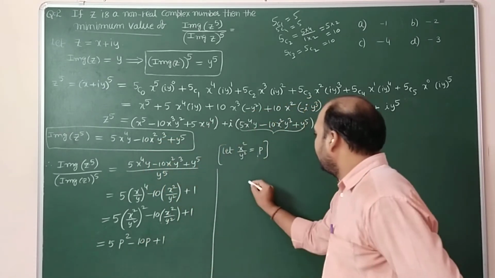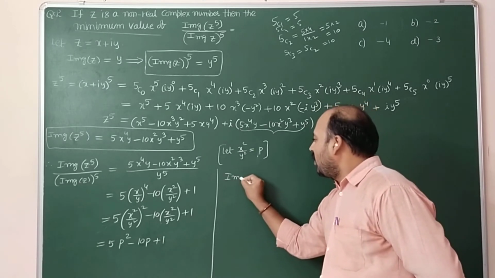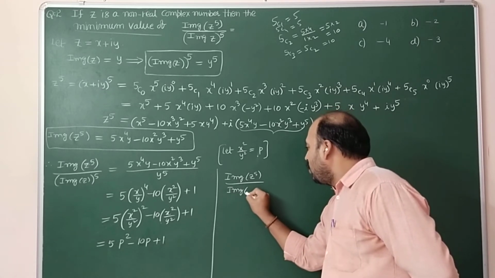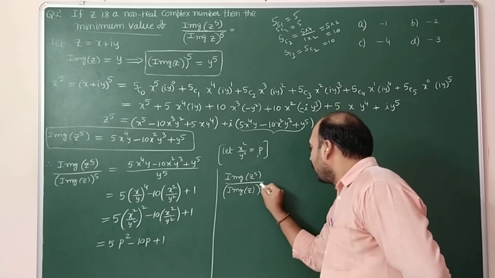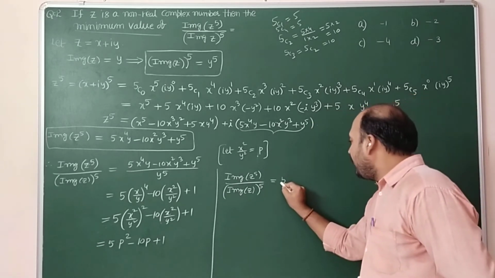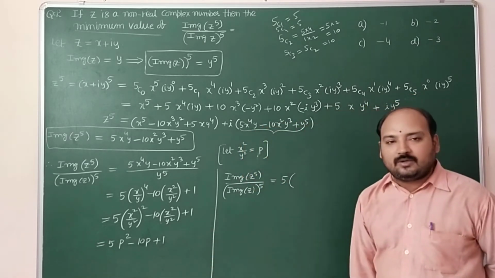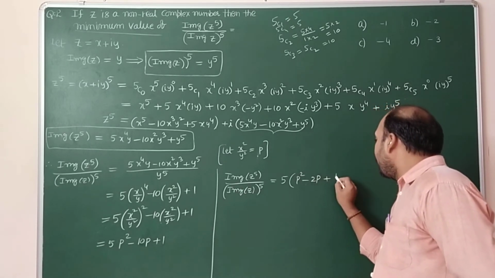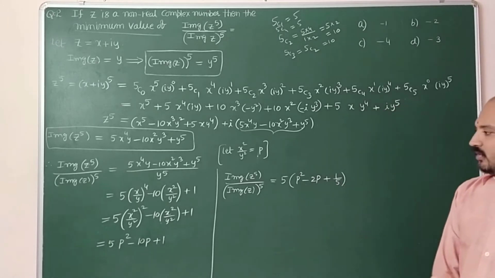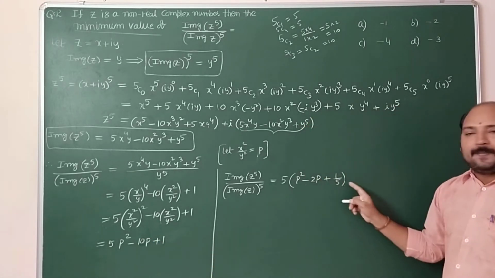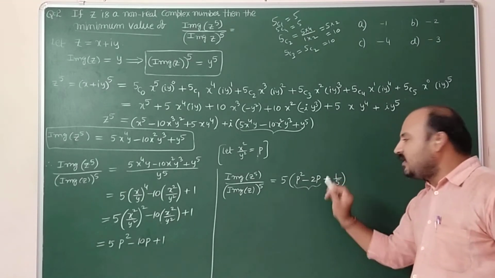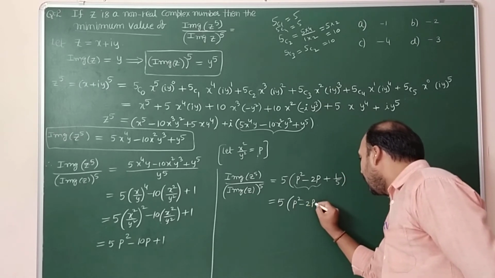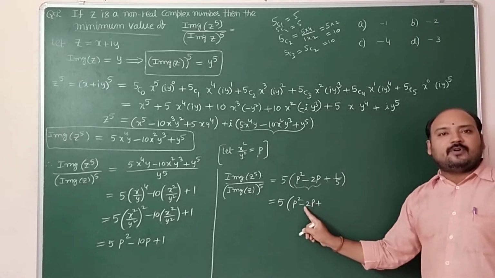From this expression, imaginary part of z power 5 divided by imaginary part of z whole power 5 is equal to, 5 we are taking common from here, so p square minus 2p plus 1 by 5. To make the perfect square, which is equal to 5 into p square minus 2p, adding and subtracting half of the square of the p coefficient.